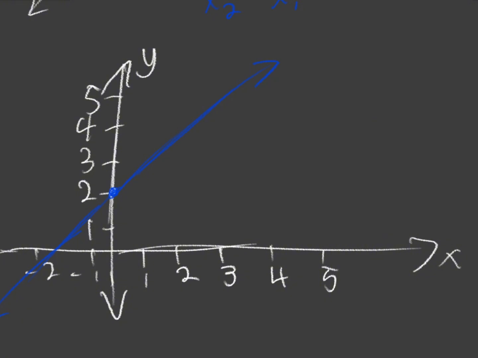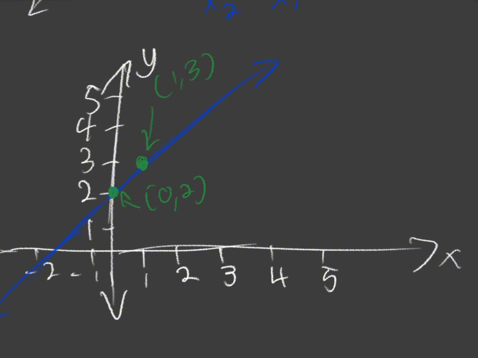We already got one point, 0, 2, which is also the y-intercept, but we can just use it too. That's another neat trick about it. Then we can use this point. It's very close to the line, but because I'm very bad at drawing, it's not directly on the line. So, 1, 3.